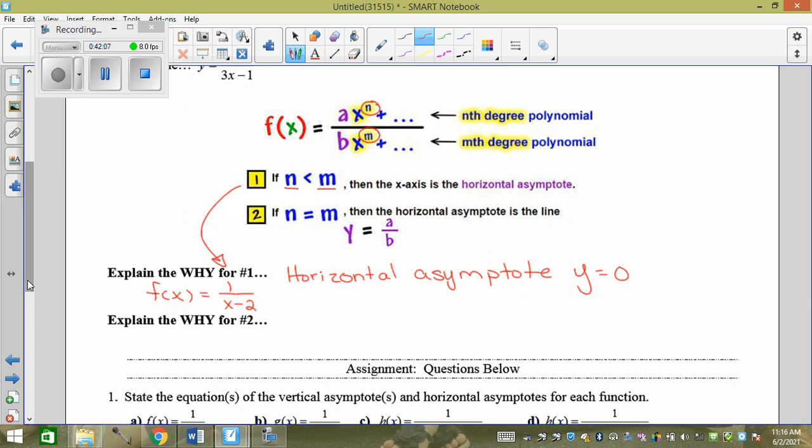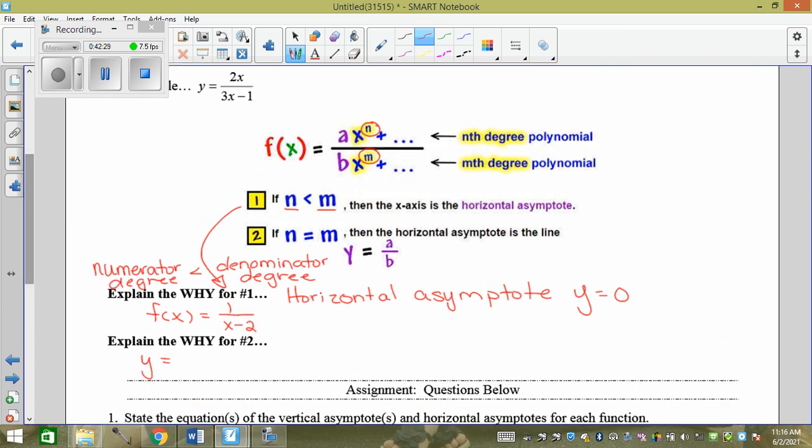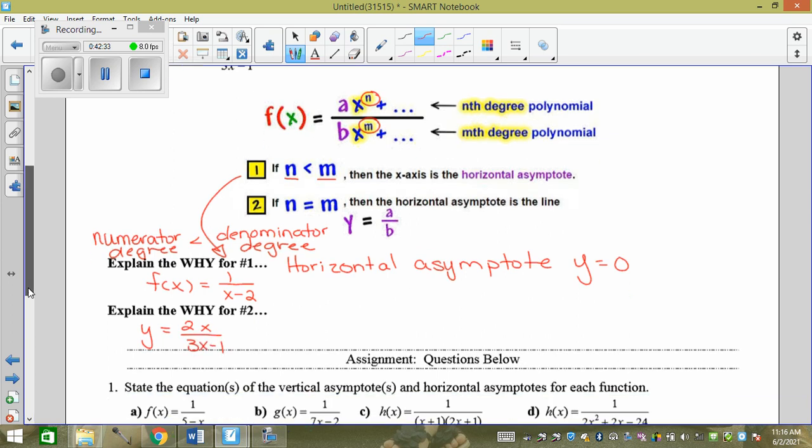Explain why: your numerator degree is less than your denominator degree. Number 2 has y equals 2x over 3x minus 1.